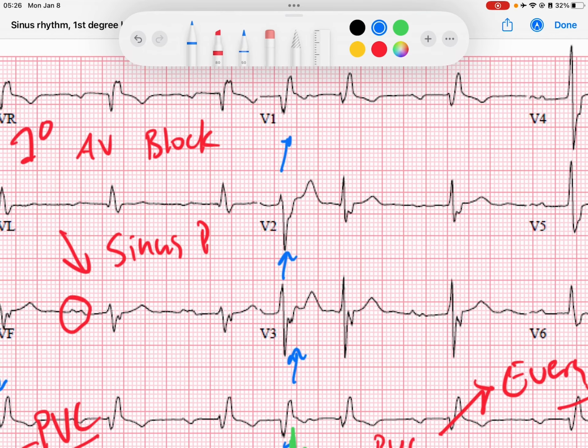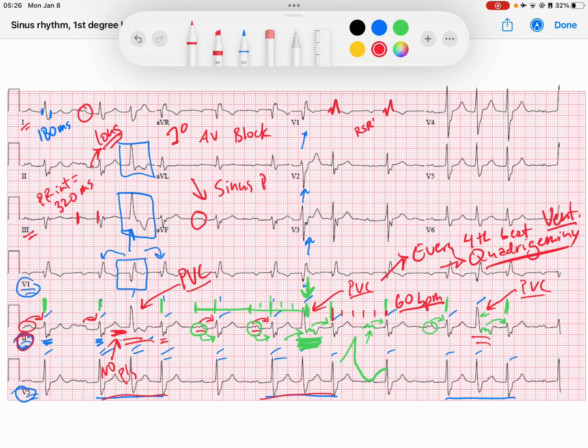If I look here at V1, I can see my normal QRS complexes have this RS, R prime, RS, R prime, RS, R prime. In V1, I've got these slurred S waves in my lateral leads, which include V6 and V5 as well. So this is good criteria for a right bundle branch block.